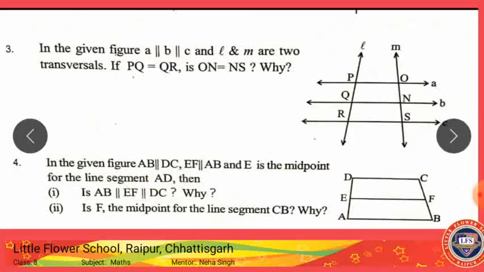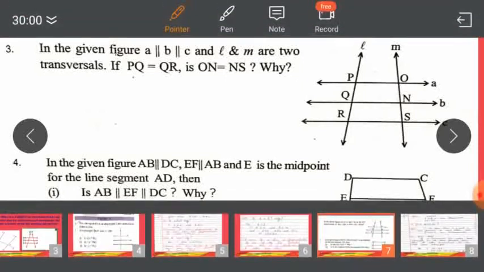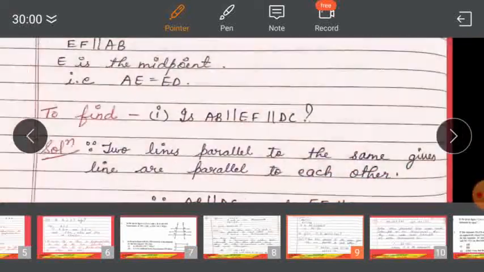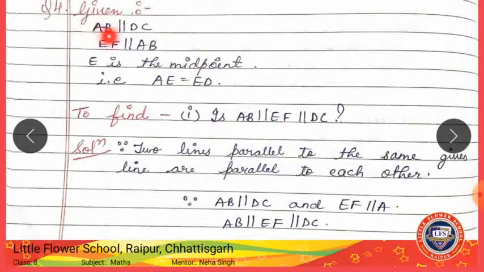First part you need to find is whether the three lines are parallel, meaning are AB, EF and DC parallel, and if they are parallel, why? So let us see. First of all, we write all the given things.